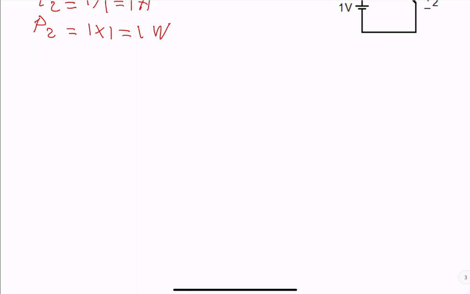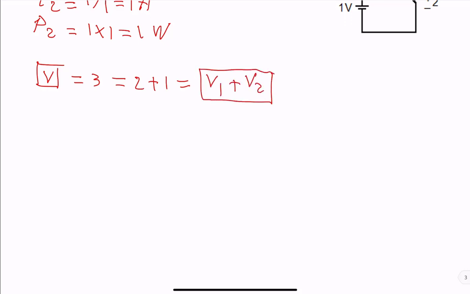We notice that V is 3, is equal to 2 plus 1, which is V1 plus V2. I is 3. That is 2 plus 1, I1 plus I2.